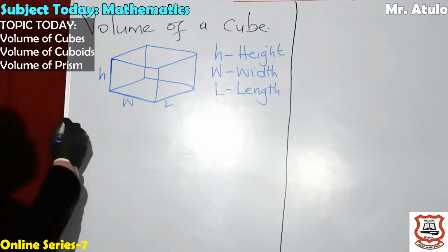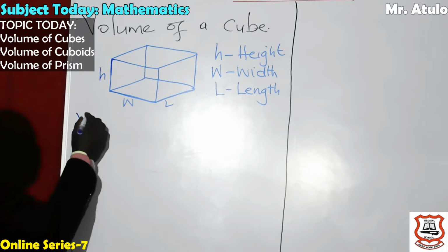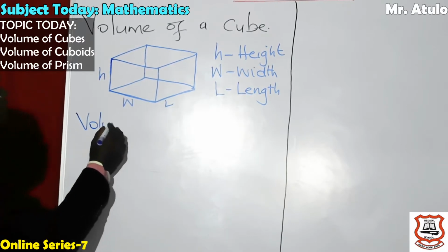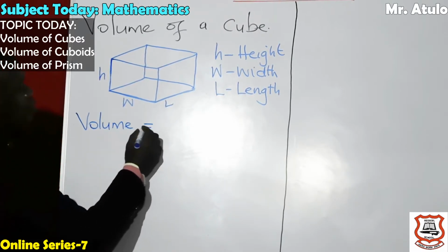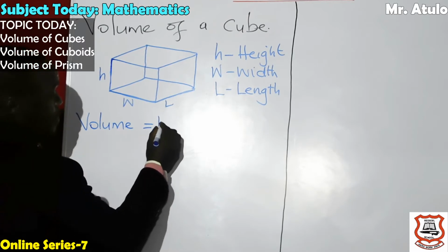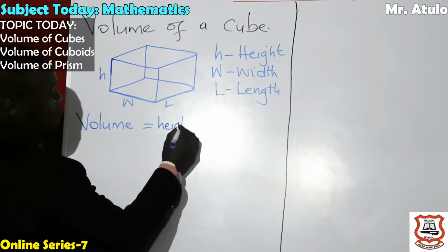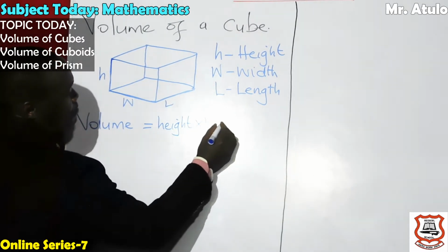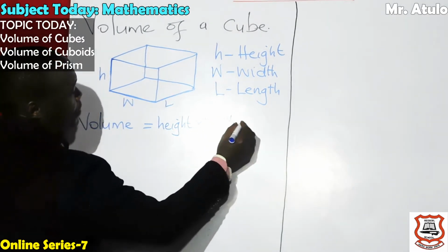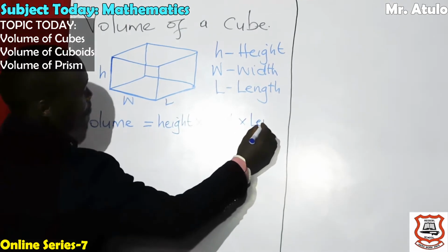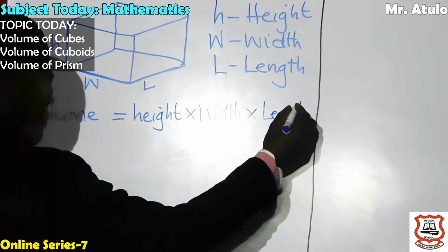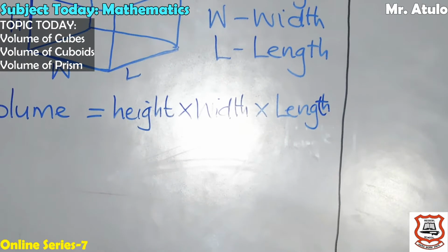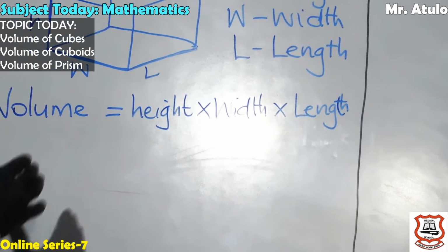So what is the formula for getting the volume of a cube? We write volume is equal to height times width times length. Although I know you have been taught before, it is length times width times height.